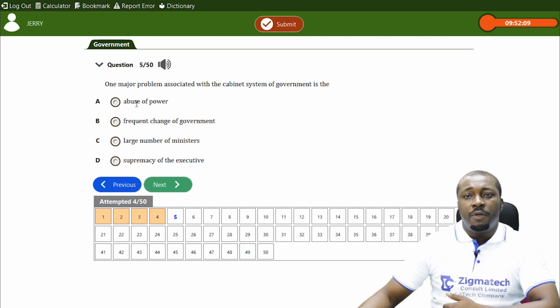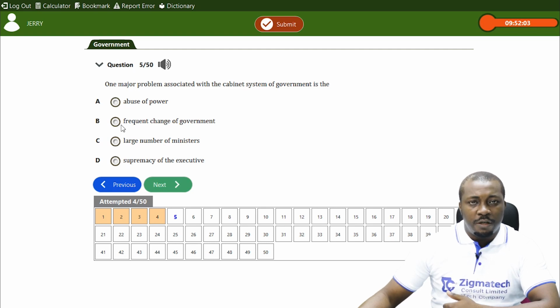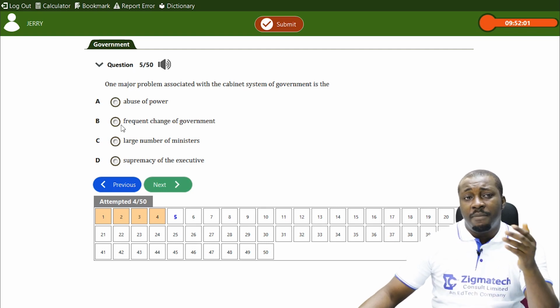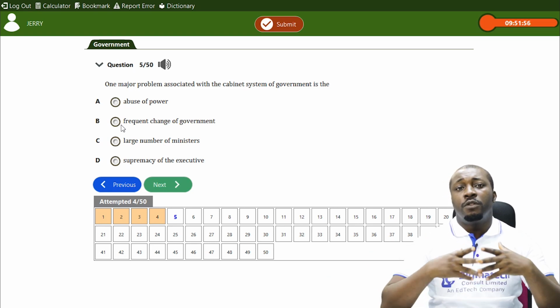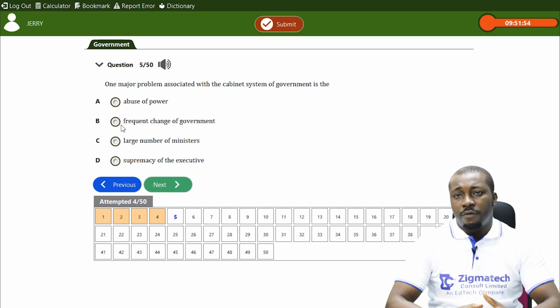Now, we have between A, abuse of power, and B, frequent change of government. We go for frequent change of government because this is peculiar to the parliamentary system. Why do we have the problem of frequent change of government? Because of vote of no confidence, which is not as rigorous as impeachment proceedings.